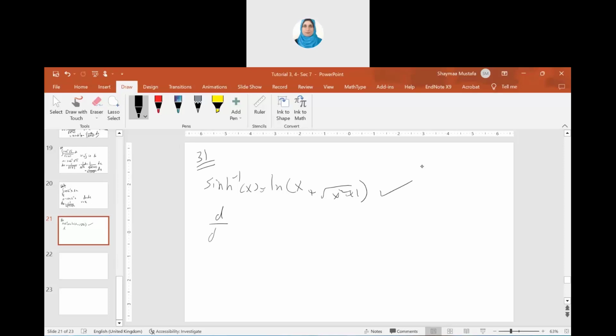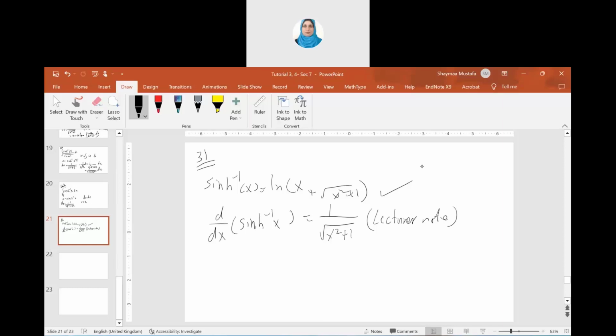Now, to prove that the derivative of sinh inverse x is equal to 1 over the square root of x squared plus 1, you can find it in the lecture note. You can find 2 proofs for this one. Okay.